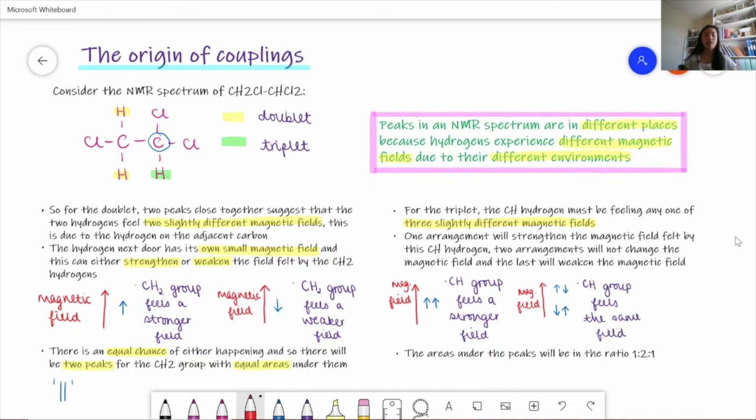And then the final arrangement we get is if we have a magnetic field and we have both of them aligned against this magnetic field. So then again, what we get here is that the CH group feels a weaker field.